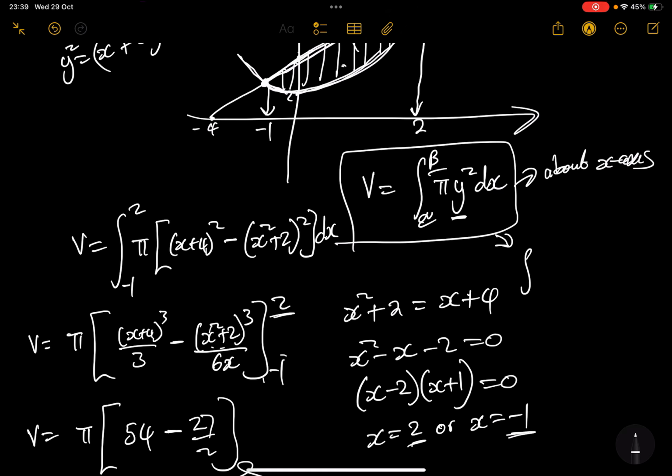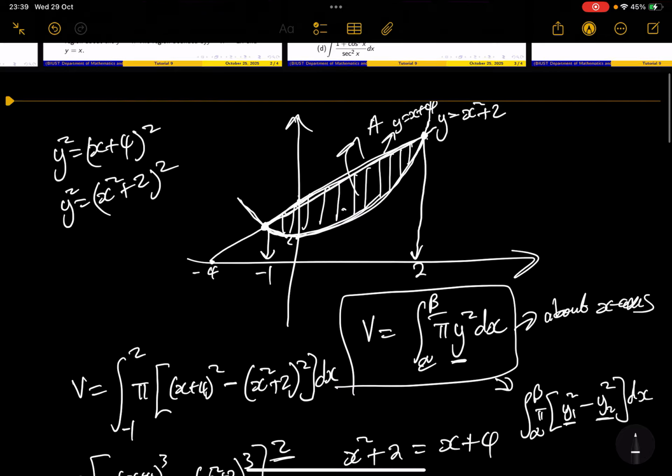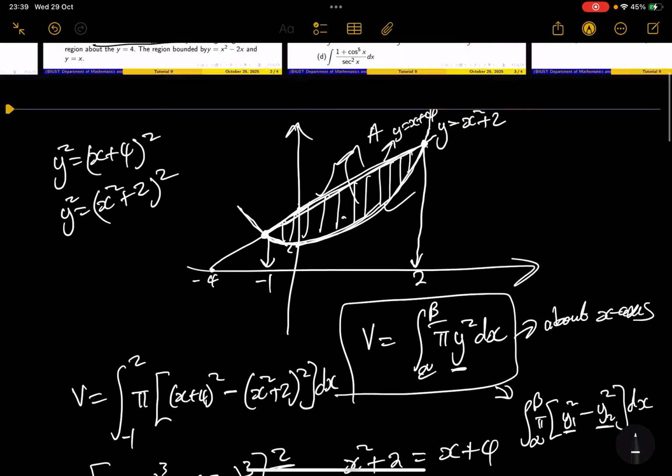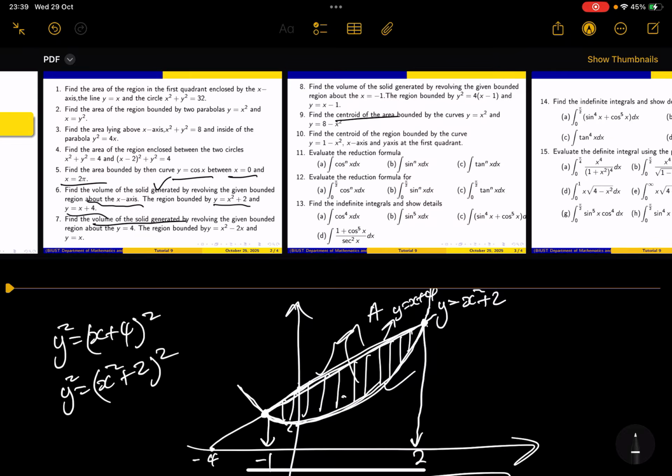Because this is the integral from alpha to beta of pi times (y1 squared minus y2 squared), right? This basically means the first graph minus the second graph, since we have two graphs, the line and the curve. So that's how you solve this one. The volume of a solid generated by revolving that given region about the x-axis.